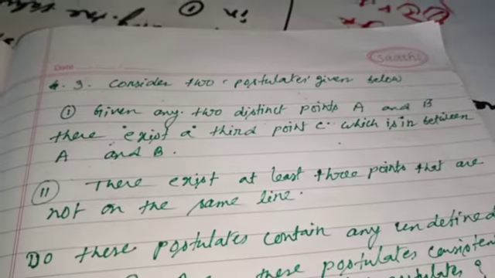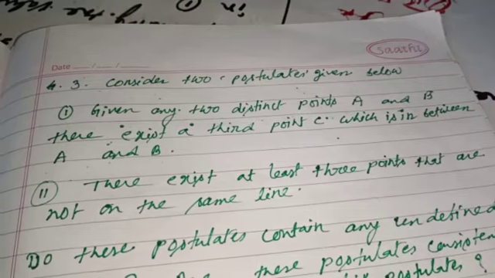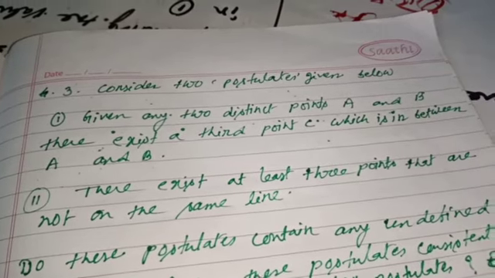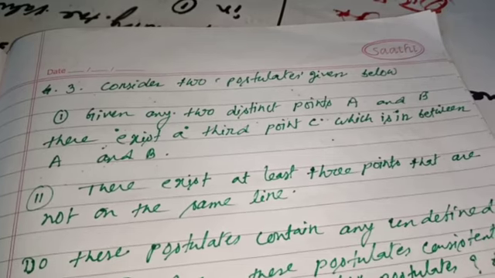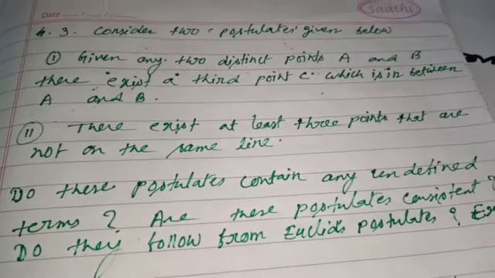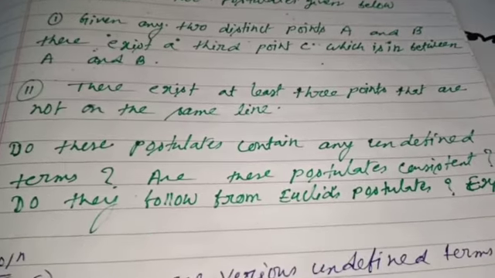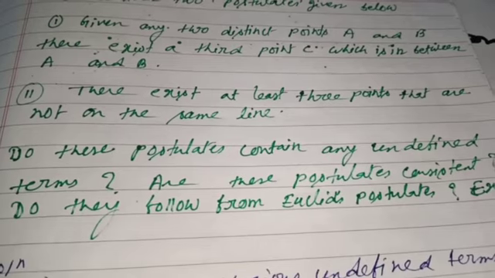From these two conditions, did you understand clearly? Read once again and try to understand. Do these postulates contain any undefined terms? Are these postulates consistent? Do they flow from Euclid's postulates?